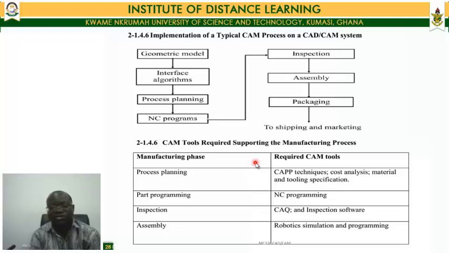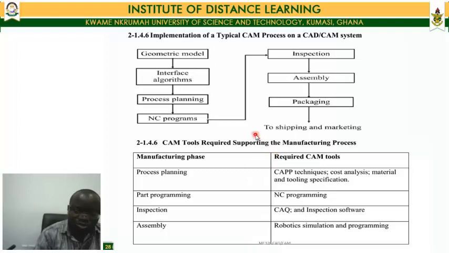Now when we take a typical CAM process, you have a geometric model, and then you have an interface algorithm, process planning, and then NC program, inspection, assembly, packaging, etc. Then you go to shipping and then marketing. Okay. Now, when it comes to CAM tools and the required supporting manufacturing process, this is a CAM process.